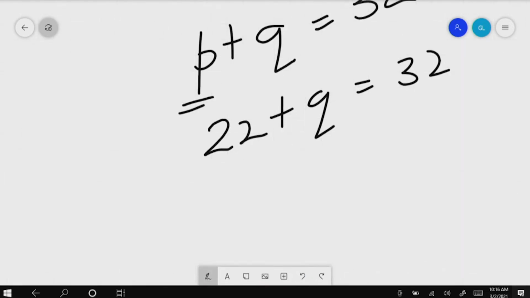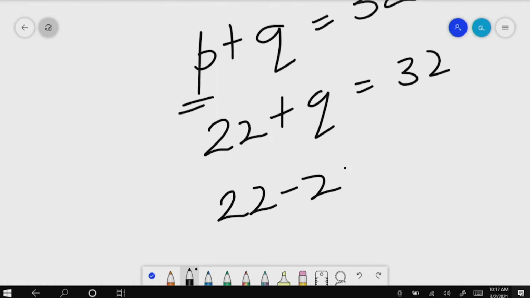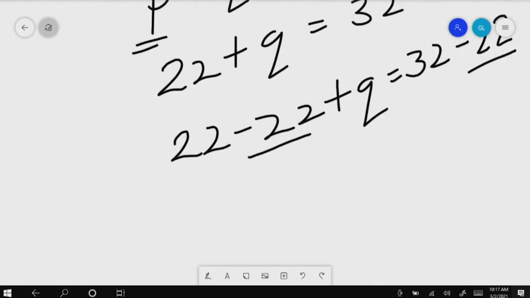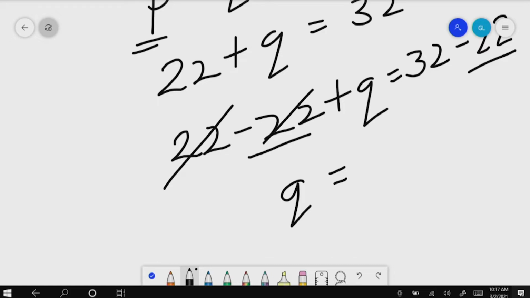In balancing our equation, 22 minus 22 plus Q should equal 32 minus 22. Whatever we do on one side of the equation, we should do on the other side to keep the balance of our equation. Hence, the value of Q would have been 32 minus 22, which gave us 10.